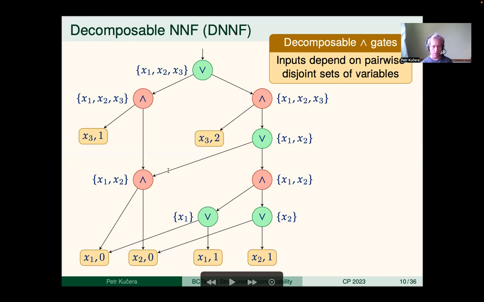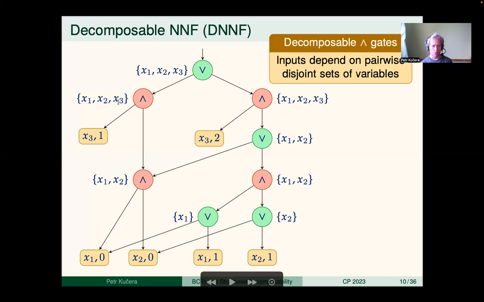For example, here the bottom left conjunction gate depends on x1 and x2. The same goes for the bottom right, that depends also on x1 and x2. And their inputs, the left one always depends only on x1 and the right one only on x2.